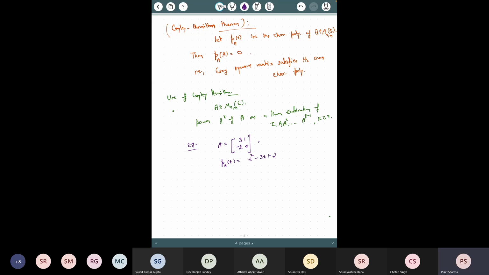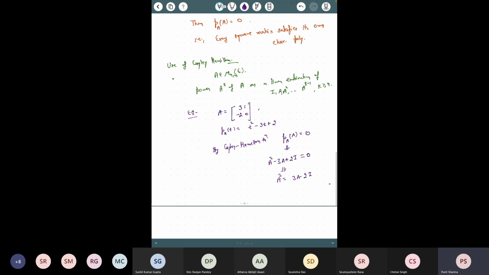So by the Cayley-Hamilton theorem, we can write PA of A equal to 0, because every matrix satisfies its characteristic polynomial. This implies that A square minus 3A plus 2I equal to 0, and then A square is equal to 3A minus 2I.